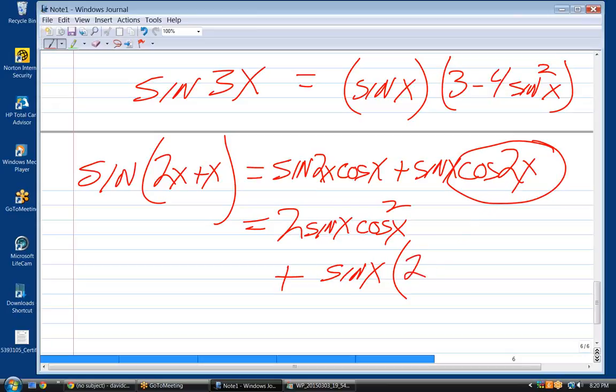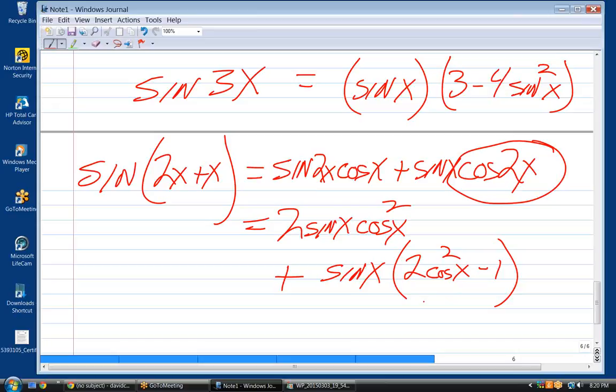I think it's 2 cosine squared x minus 1? Is that the identity for cosine of 2x? Or is it 1 minus that? No, I think it's this. Yeah, cosine 2x equals 2 cosine squared x minus 1.